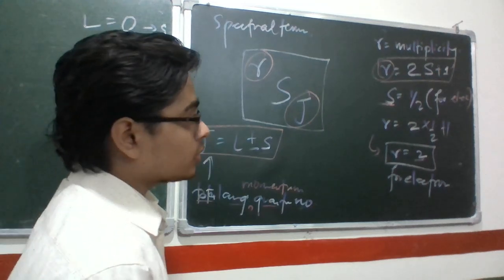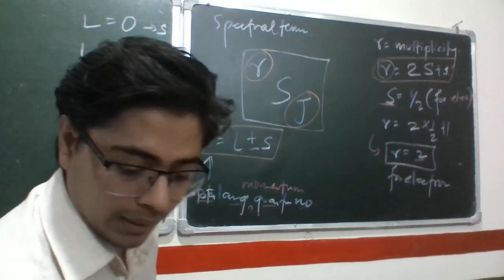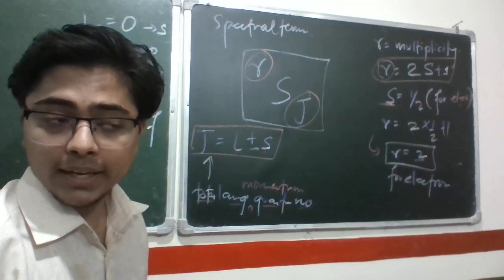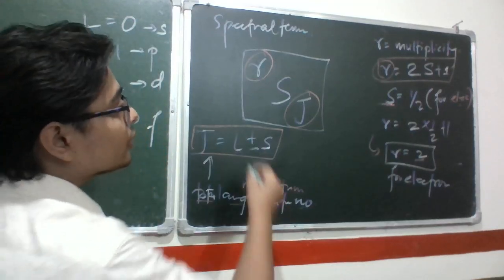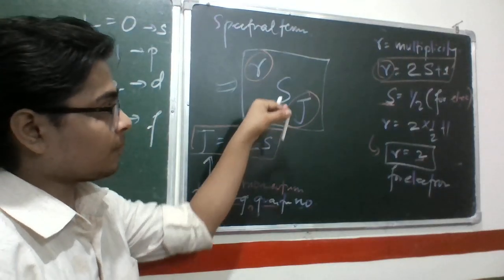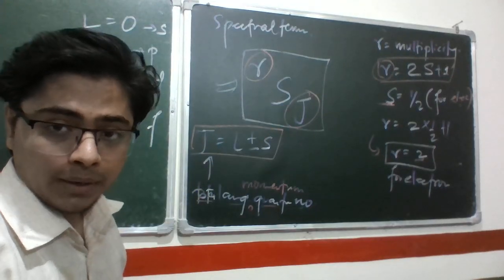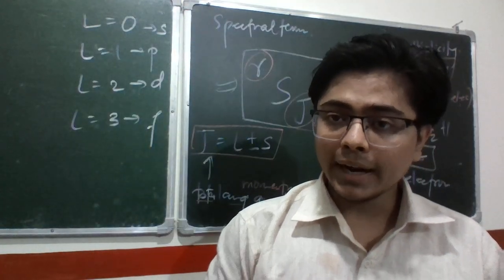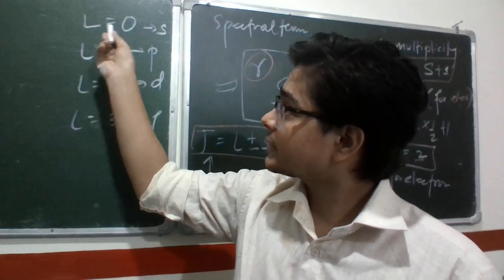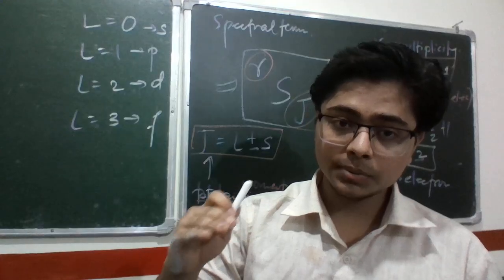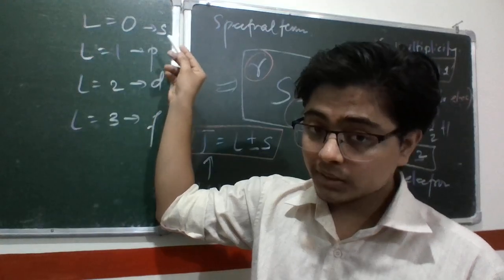Up to now we have said that for any spectral term, any spectral line, we would use this denotation. What does that mean? If L is 0, it means the atom is at the s sublevel or orbital.